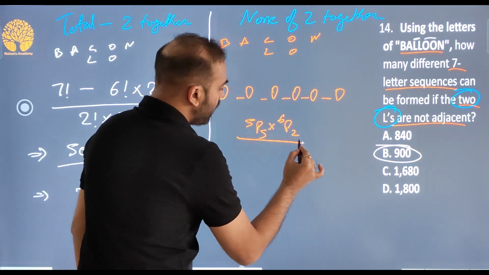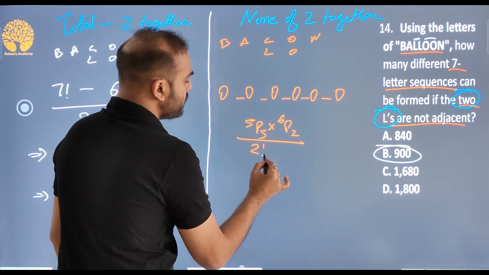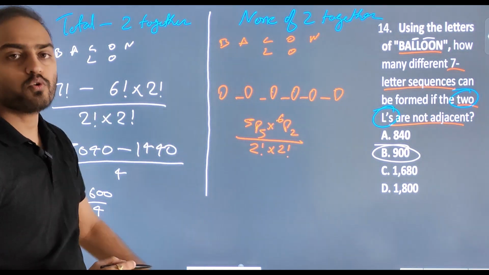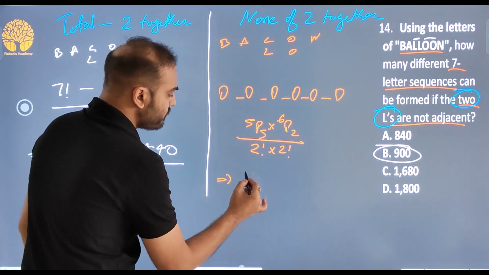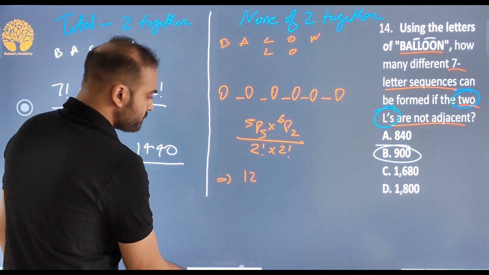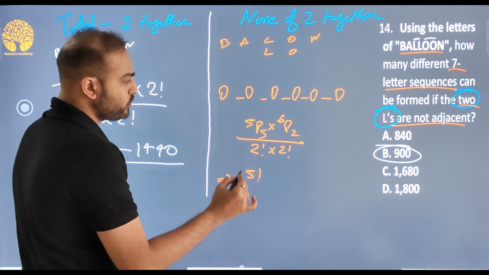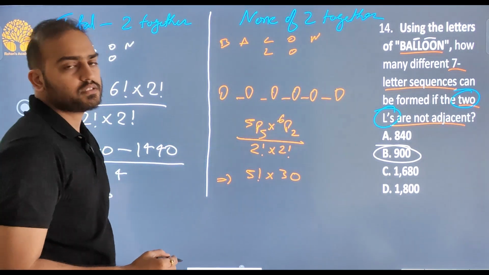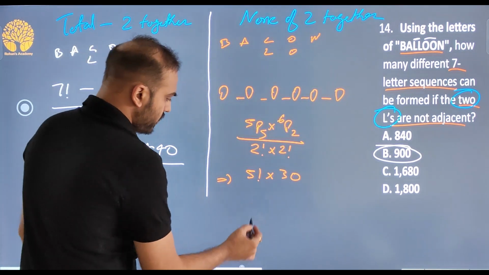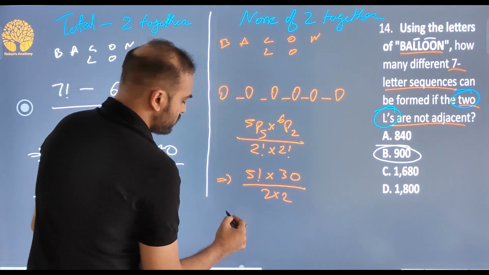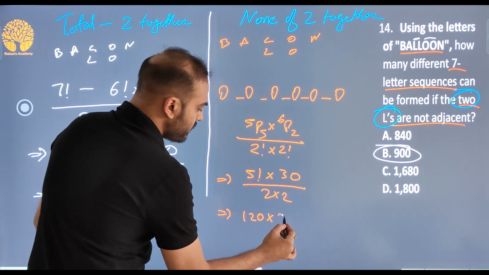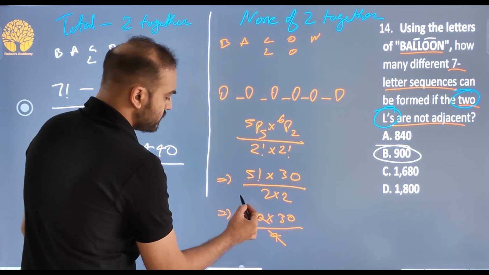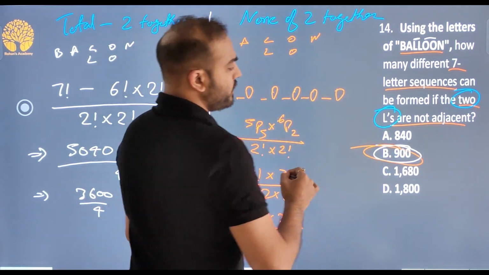So 6P2. Again, because of redundancy, divide by 2 factorial for 2 L's and 2 factorial for 2 O's. 5P5 is 5 factorial, 6P2 is 6 factorial by 4 factorial, which is 30. That's 2 into 2, so 120 into 30 by 4. If you cancel this, that's 30 into 30, again 900.